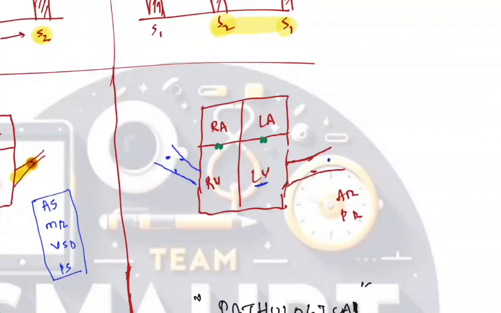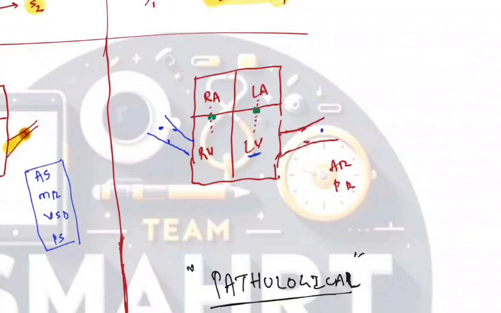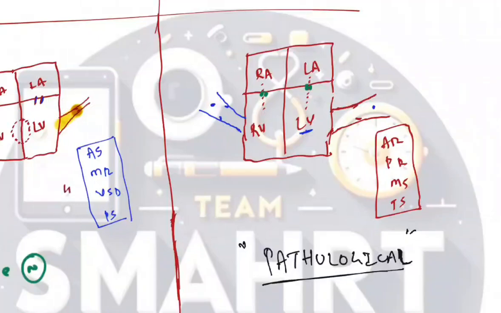Then again, during diastole, the blood should travel freely from atria to ventricle. If it is not traveling because of mitral stenosis or tricuspid stenosis, then in all these four reasons, we will be able to hear diastolic murmurs. So systolic murmur causes are these four, and the diastolic murmur causes are these four.